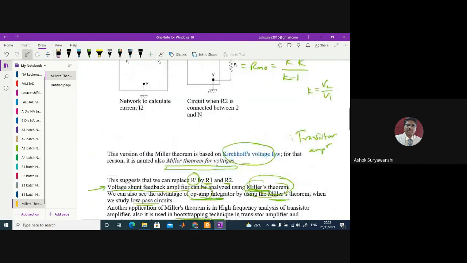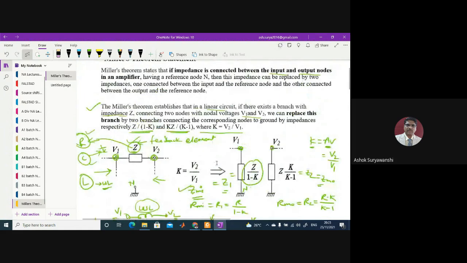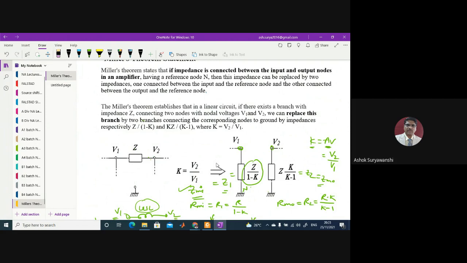So if I consider this circuit diagram, wherein the impedance Z is between input and output, and now we want to simplify this feedback element. Because if I look from the input side, I cannot find out the exact contribution of Z on the input side.